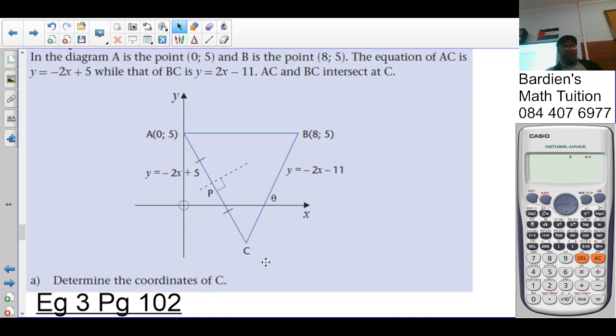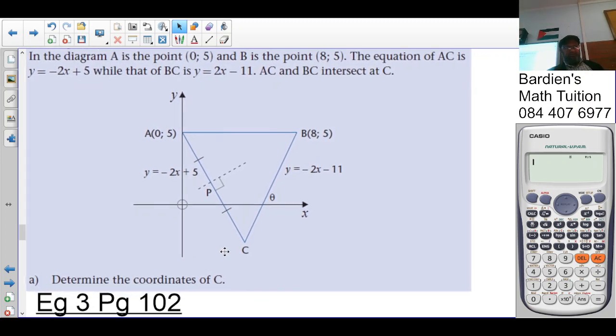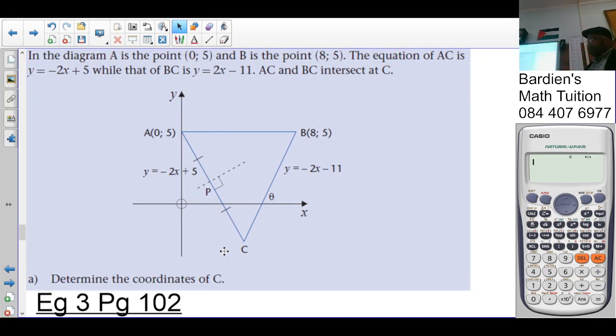Okay, so the question says in the diagram A is the point (0, 5). B is the point (8, 5). The equation of AC is y equals negative 2x plus 5, whilst BC is y equals 2x minus 11.